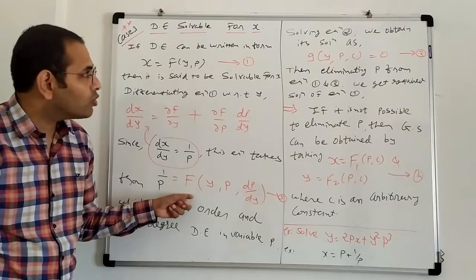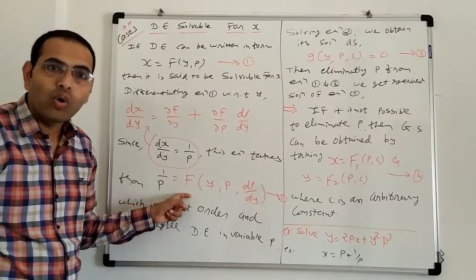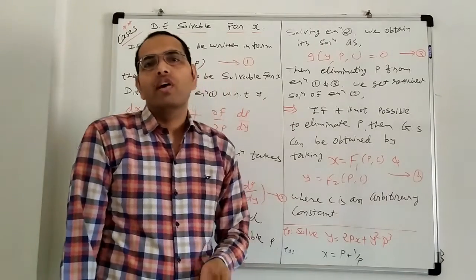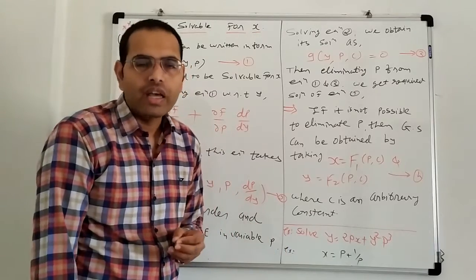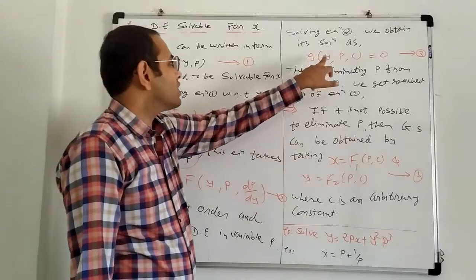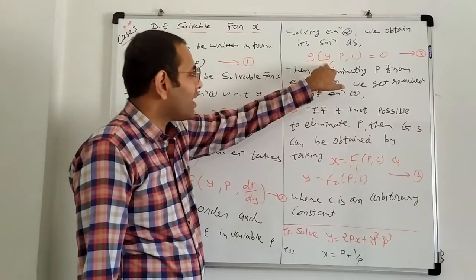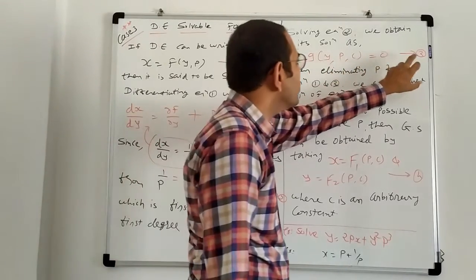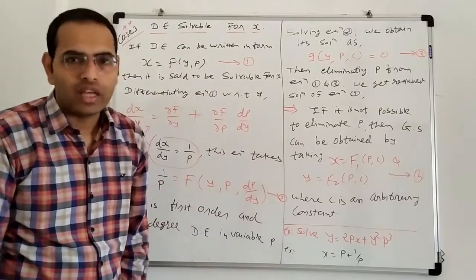Now we solve equation number 2 with the help of the variable separable method, and we obtain the solution g of y, p, c equal to 0. That is our equation number 3.